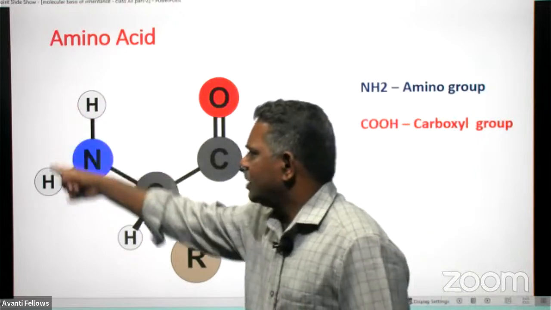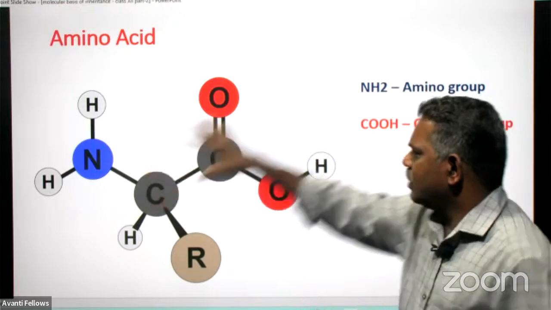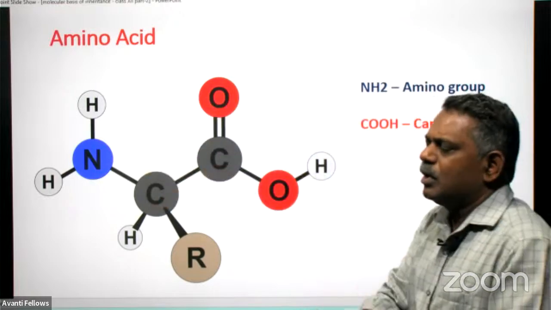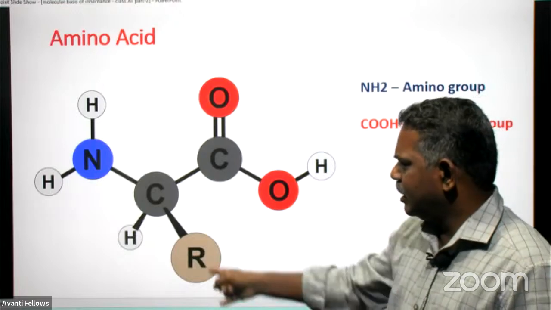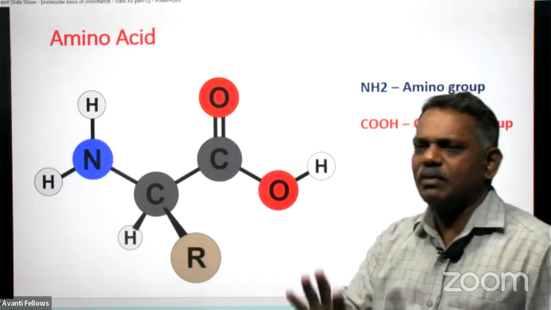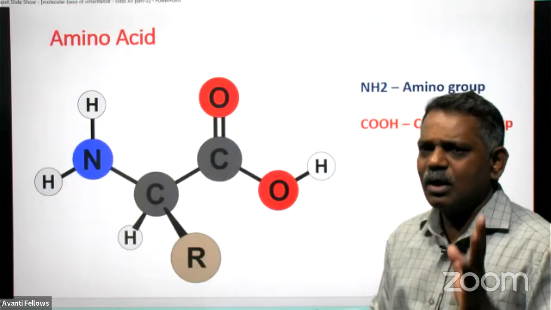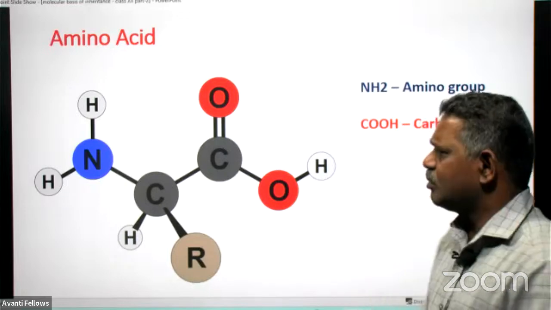By using these two functional groups, the amino group and carboxyl group, amino acids bind each other with the peptide bond. And here we can see R, and the chemical nature of this varies from amino acid to amino acid. As I told you, 20 different amino acids are there in the amino acid pool in the cytoplasm.